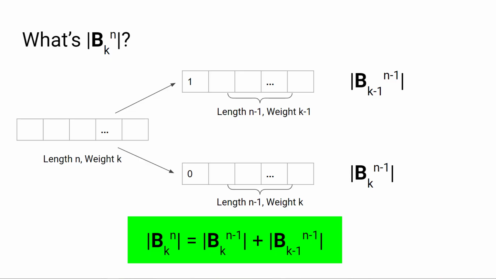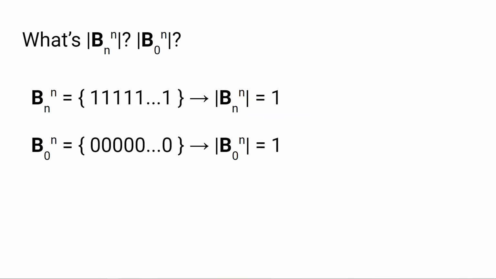We're going to use this recurrence relation to finally compute B53, but there's two special cases to bring up that will help us. One is where the n and k are equal to each other. The set Bnn is the set of all n-bit strings that have weight n, but there's only one bit string in that set, namely the string of all ones.